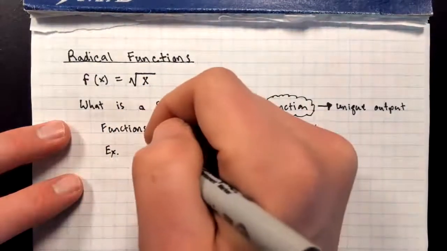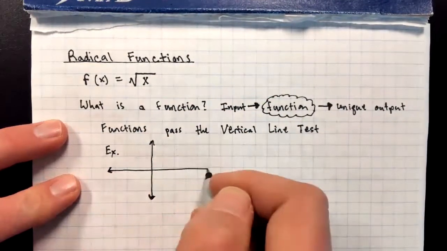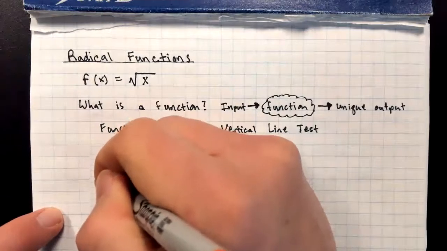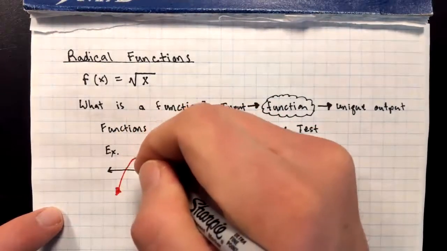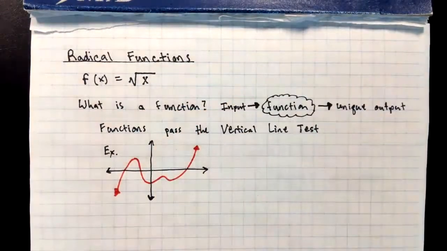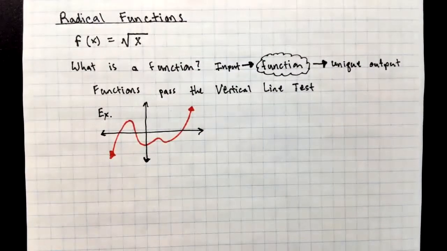So here's exactly what I mean. If I had a graph that looked like this, and I sketched a function on this graph that looked like this, is that orange line a function or not? I guess it looks kind of red on the paper, but is that orange line a function? To test this, all you have to do is the vertical line test.